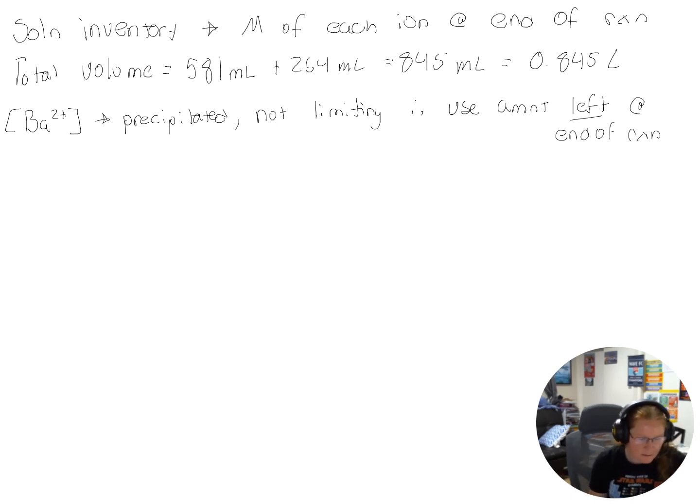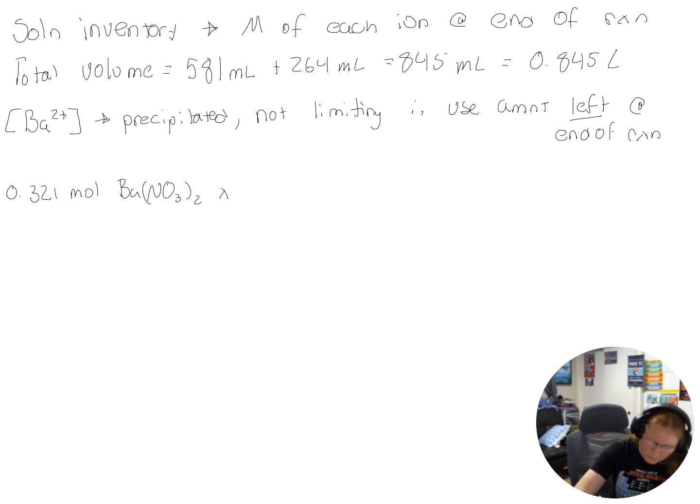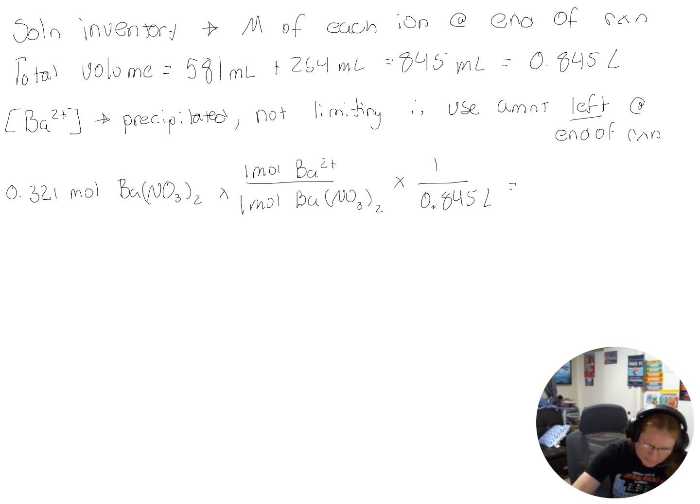Okay, so I had 0.0321 moles of barium nitrate left at the end of the reaction. I have 1 mole of barium for every 1 mole. And then I need moles per liter, so I'll do a unitless 1 over my 0.845 liters, and I'm going to get 0.0380 molar barium. Okay.